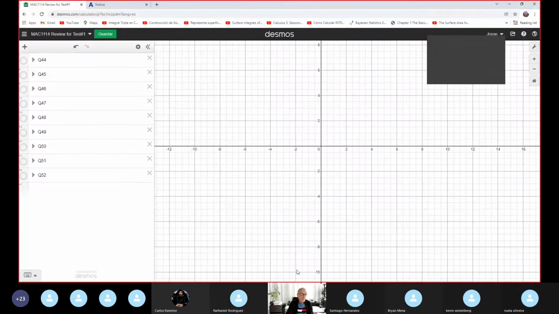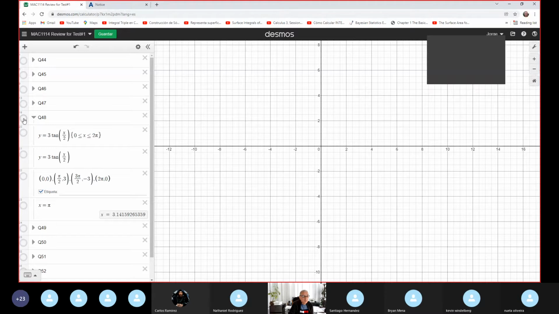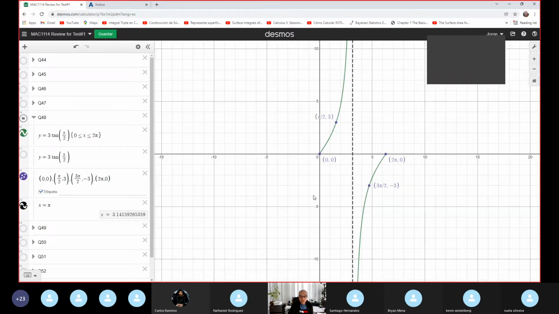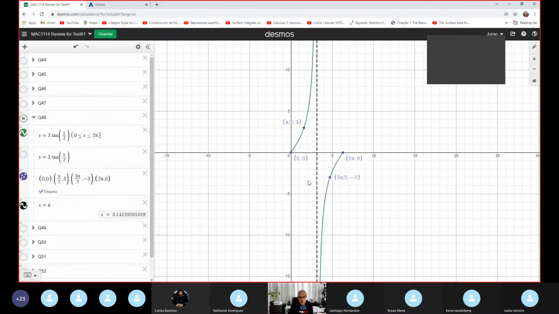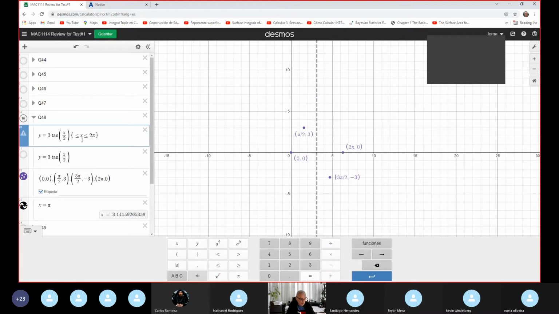Yes. Okay, we're doing example 48, no? 48 is this. Look. Ooh. I fixed that. Okay, I did it in another period that is not good. So it is between negative pi and positive pi. Excellent.